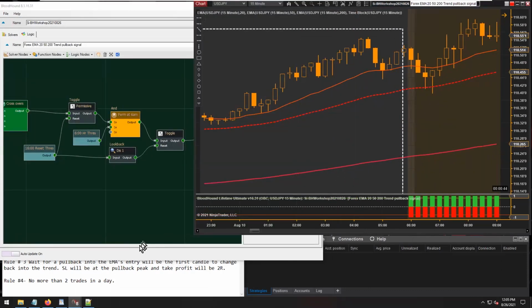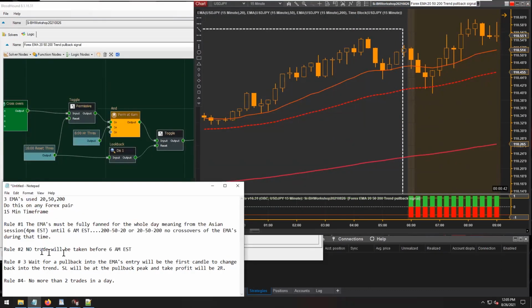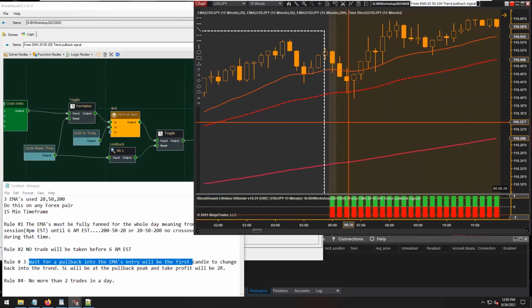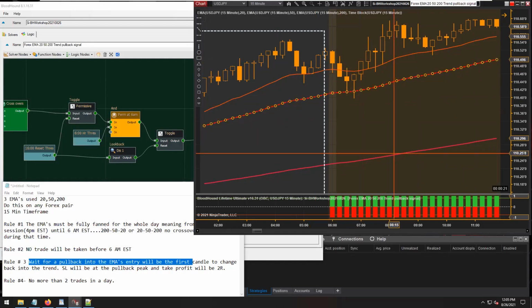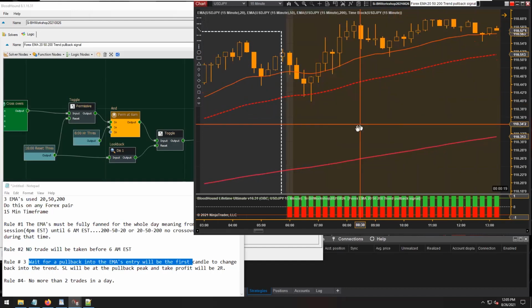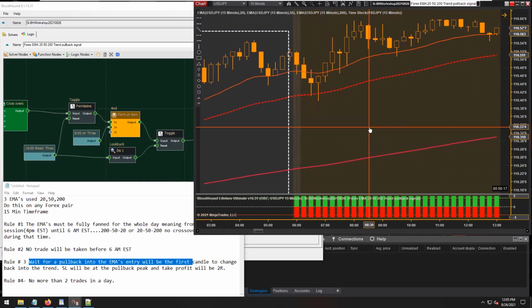All right, so next, rule number 3, waiting for a pullback into the EMAs. So this pullback here. First we need to figure out what the trend direction is.